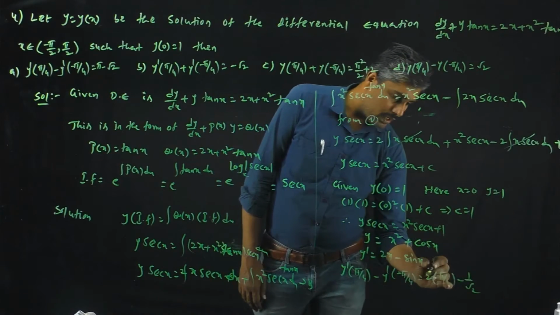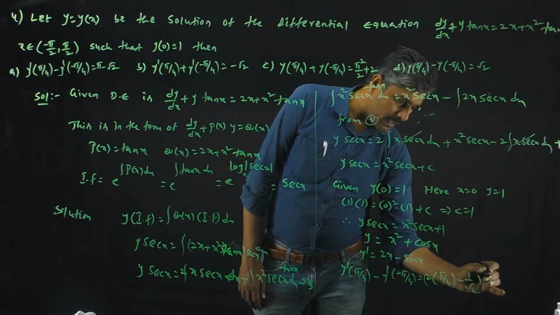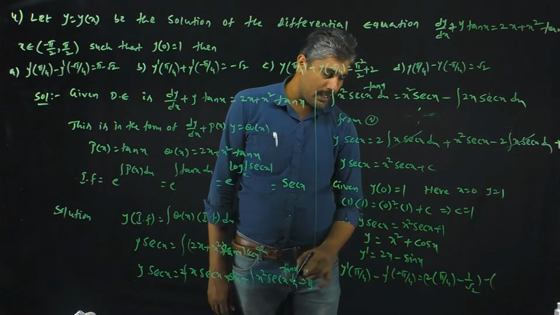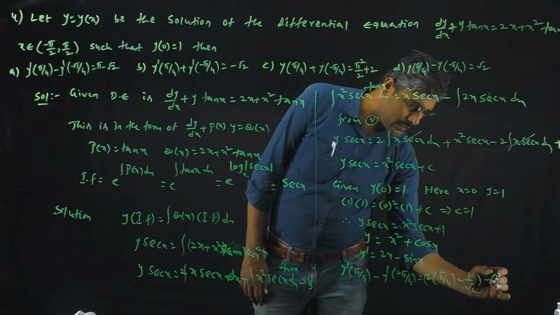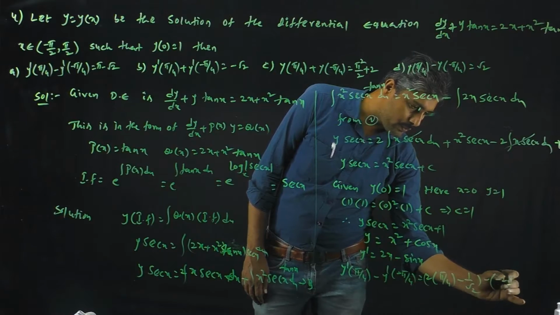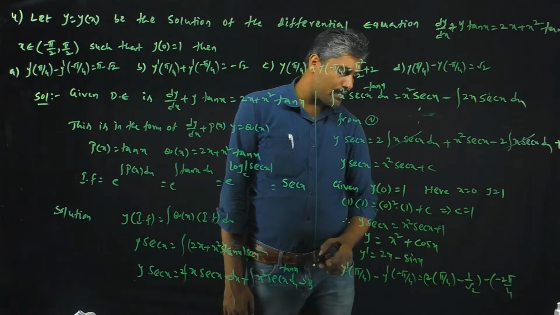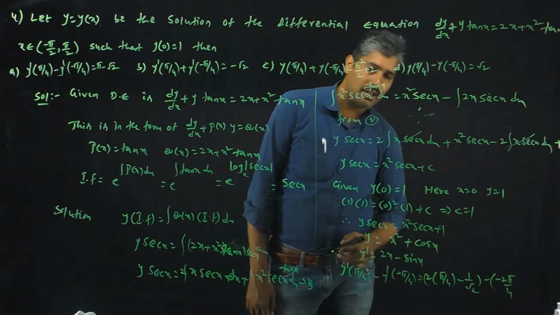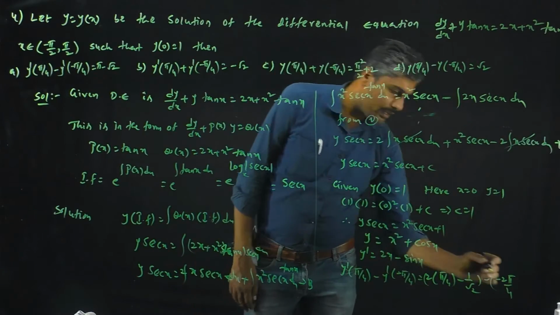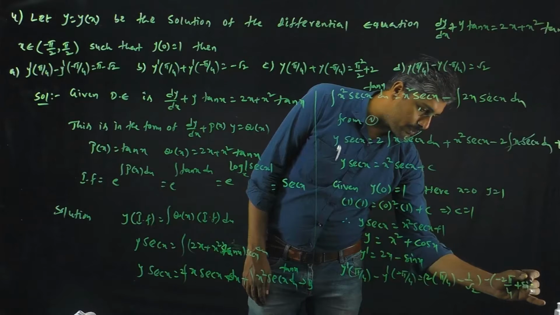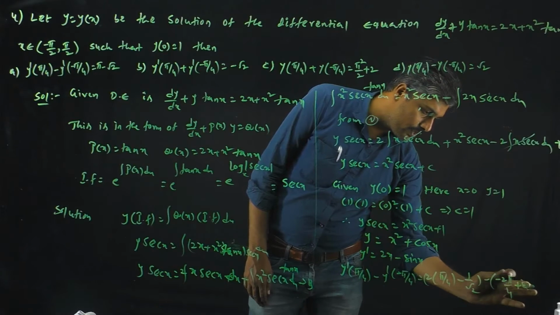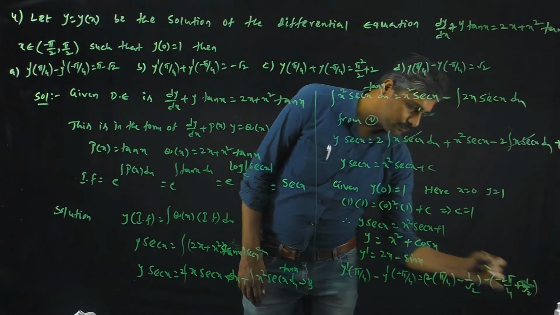Similarly, once again for minus pi by 4, 2 into minus pi by 4, minus sin of minus pi by 4. Minus into sin of minus theta is minus sin theta, that equals plus sin pi by 4, that equals 1 by root 2.